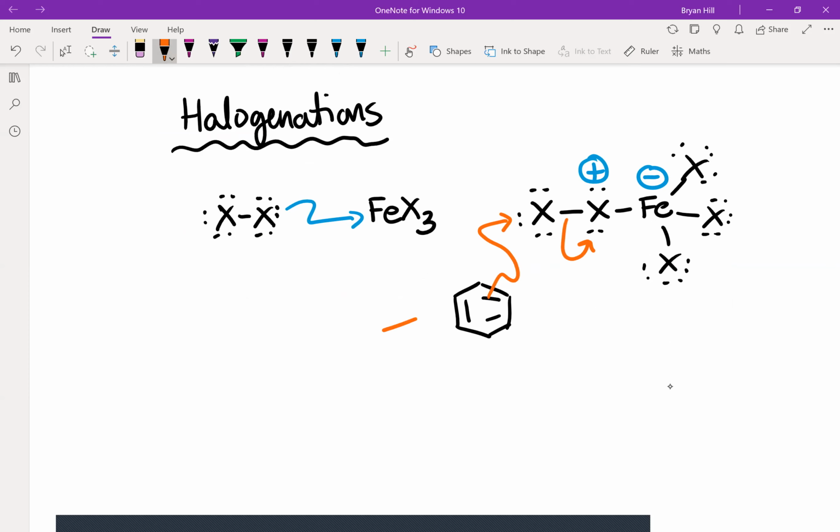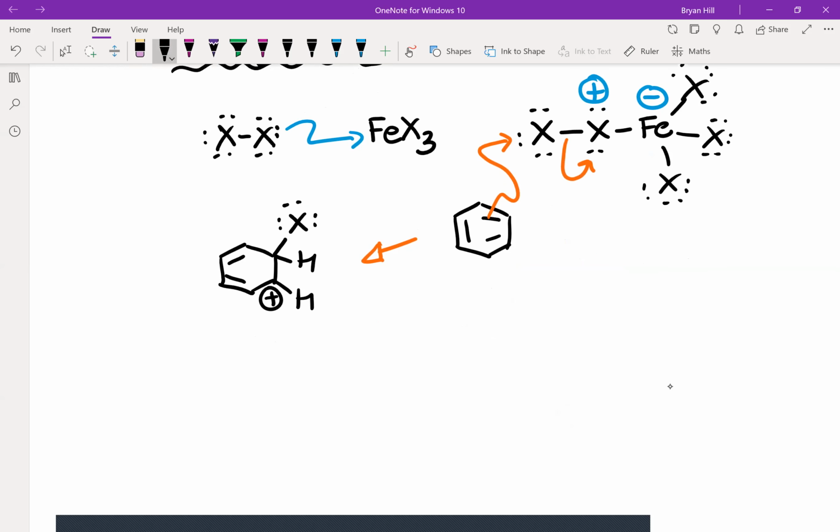So you would have your aromatic ring, X, still have an H here, positive charge, and you have FeX4 with a negative charge.